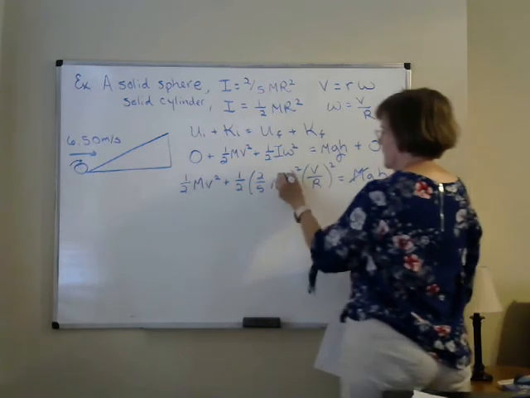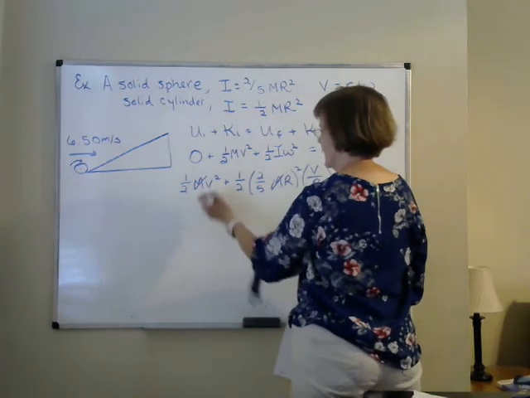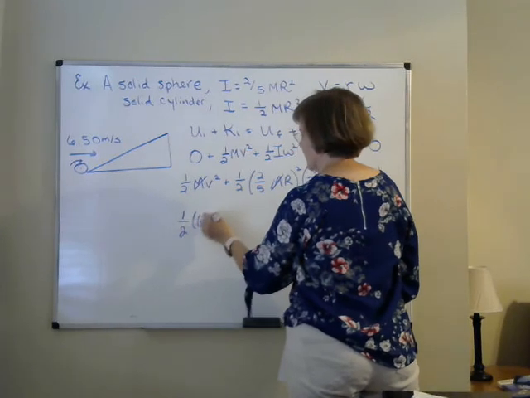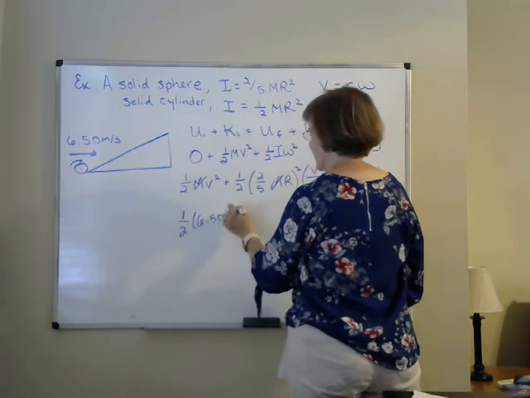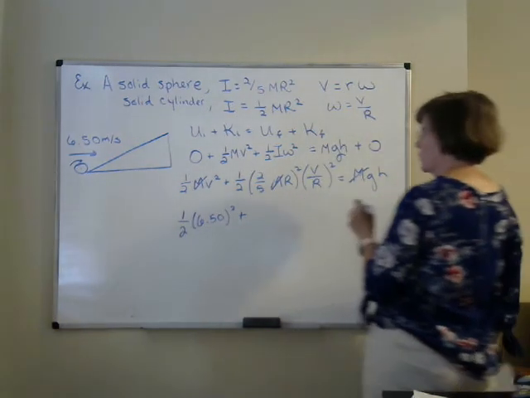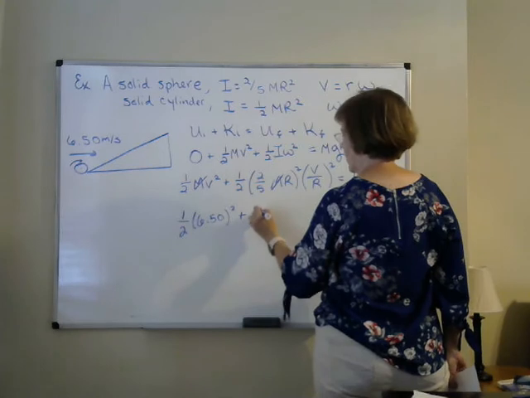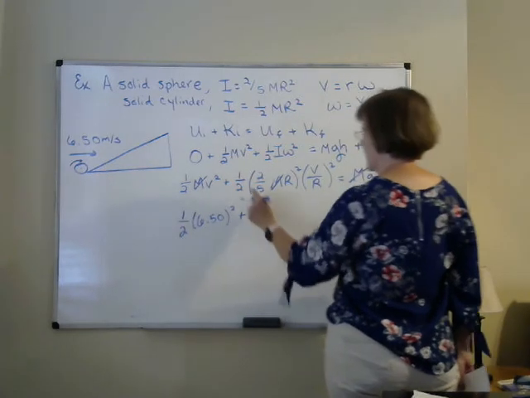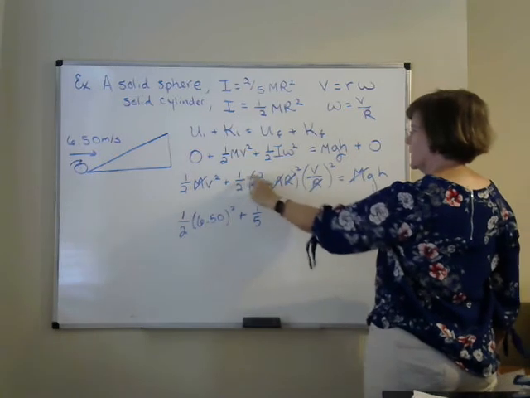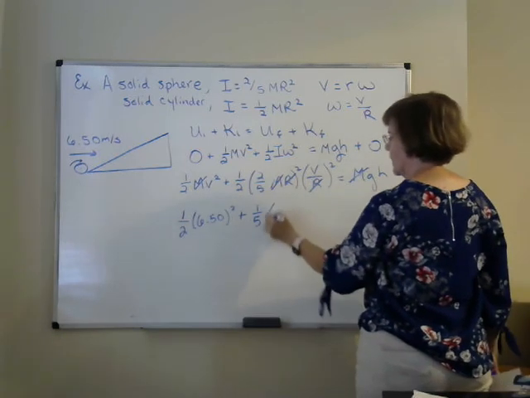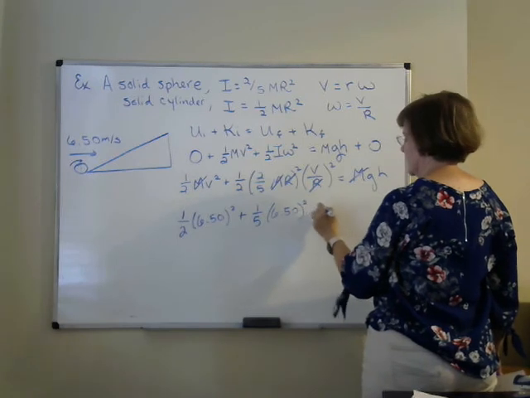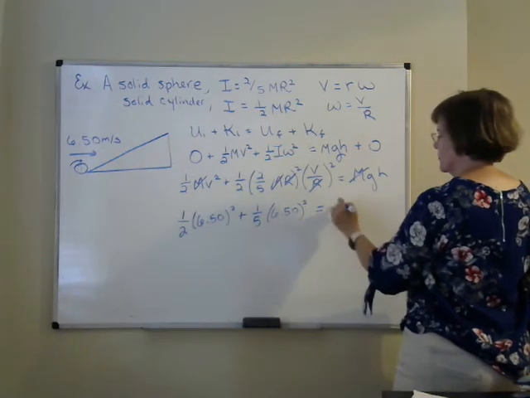M, M, M. So 1/2 of 6.50 squared. 1/2 times 2/5 is 1/5. The R's cancel. So this is 1/5 V squared equals GH.